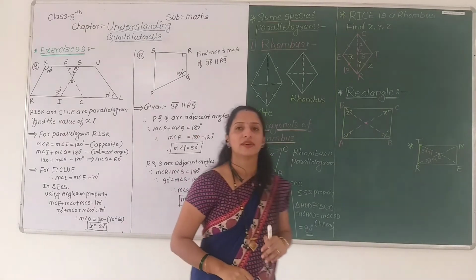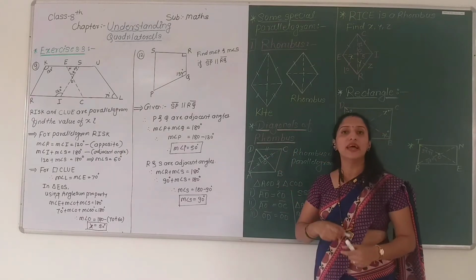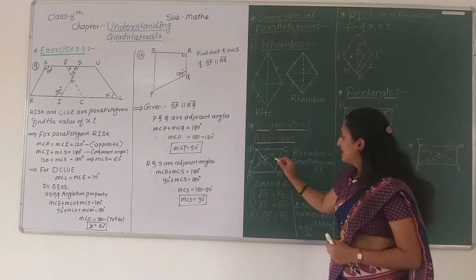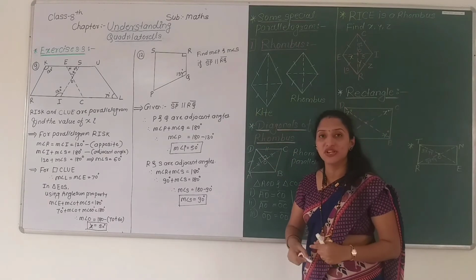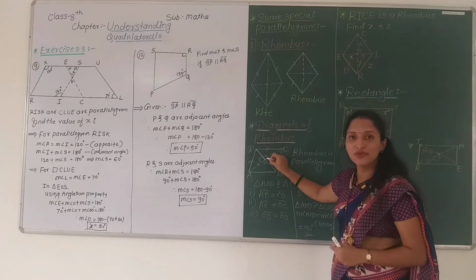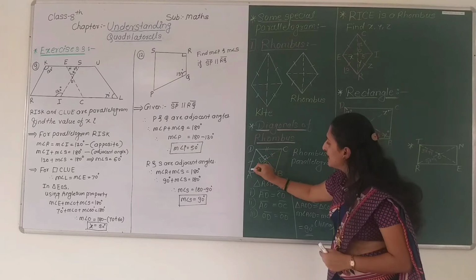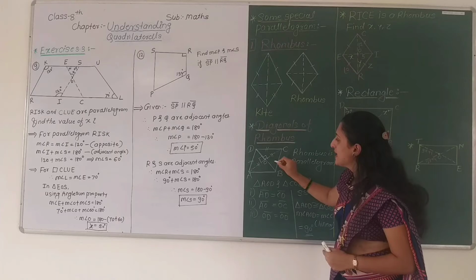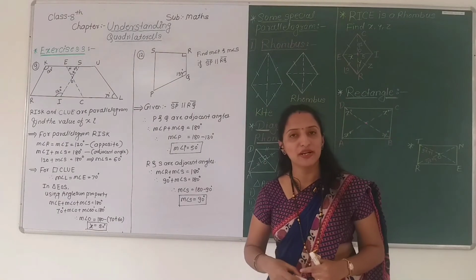From this, what can we say about the diagonals of a rhombus? Diagonals of a rhombus bisect each other and also they are perpendicular to each other. Look here, this angle is 90 degrees. This shows that the diagonals of a rhombus bisect each other and are also perpendicular to each other.